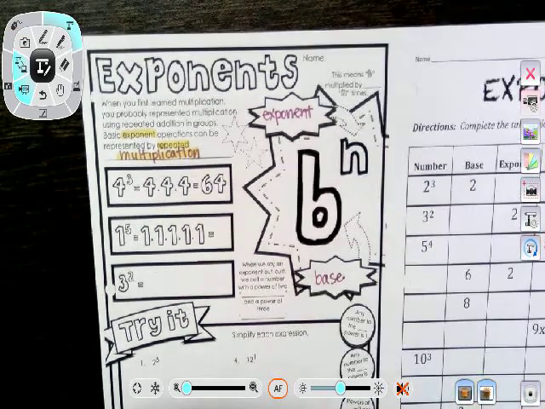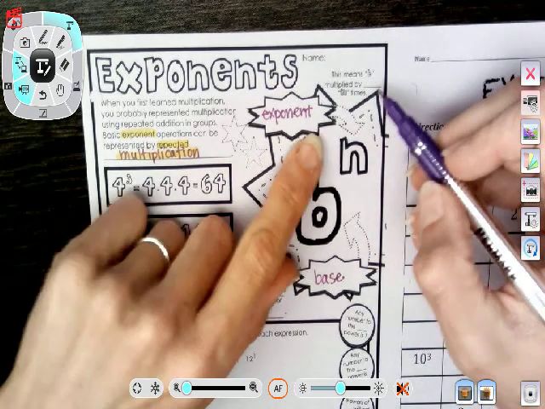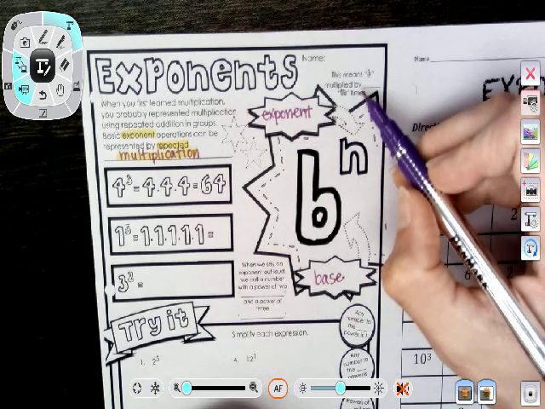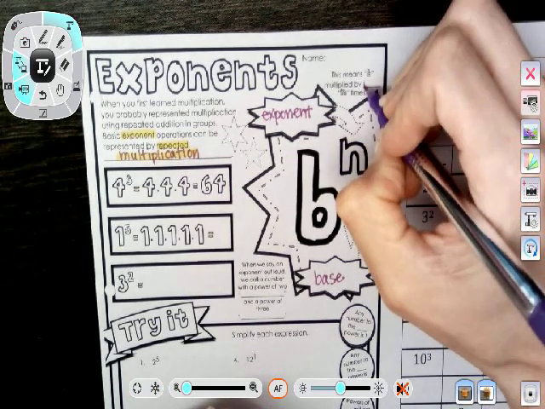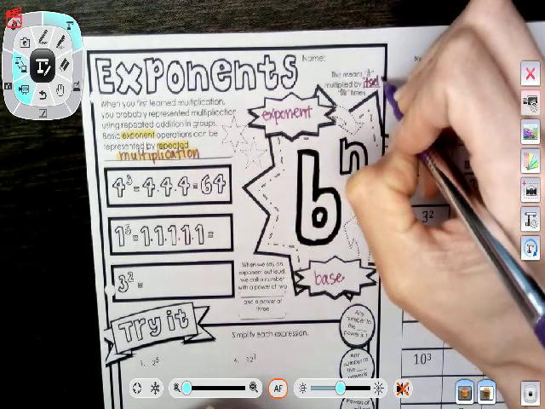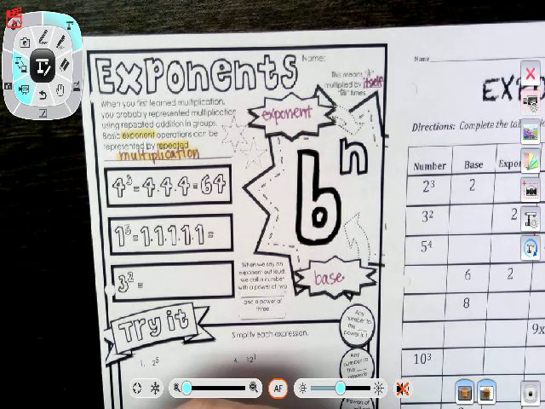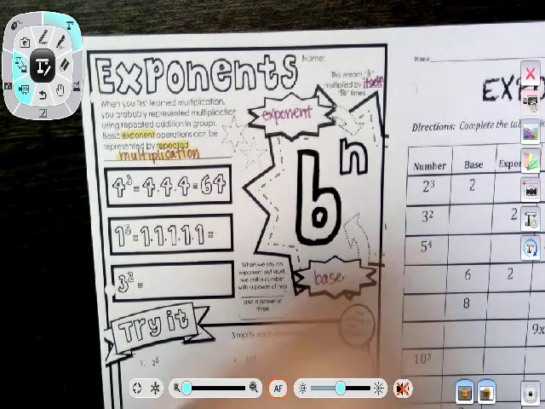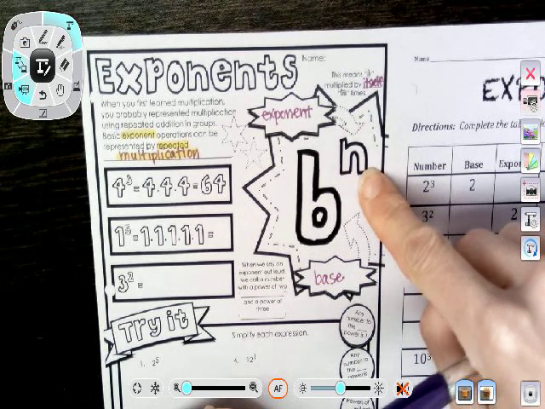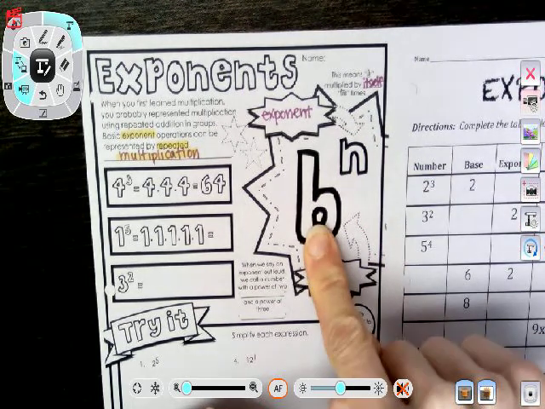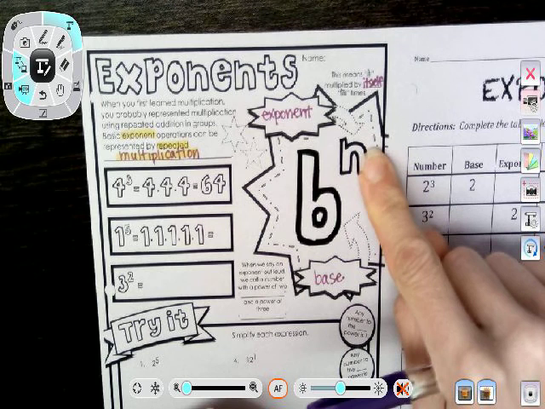Base for big number. Okay? What does this mean? This means b multiplied by itself. So exponents are about things multiplying by themselves n times. Okay? Base is the big number, exponent's the little number.